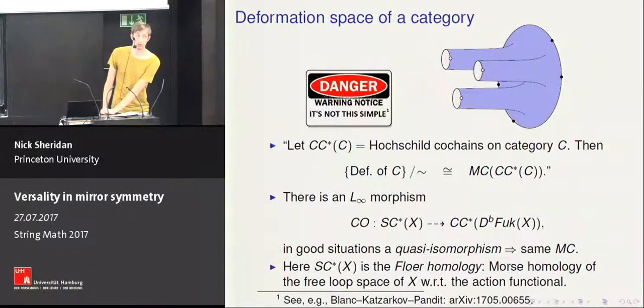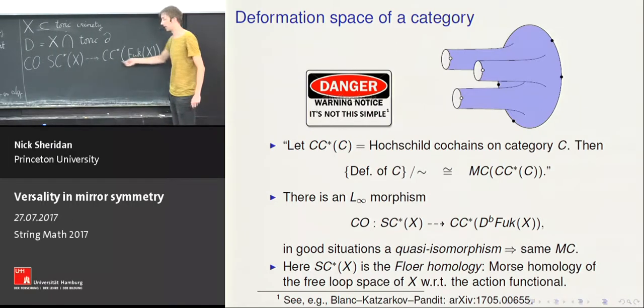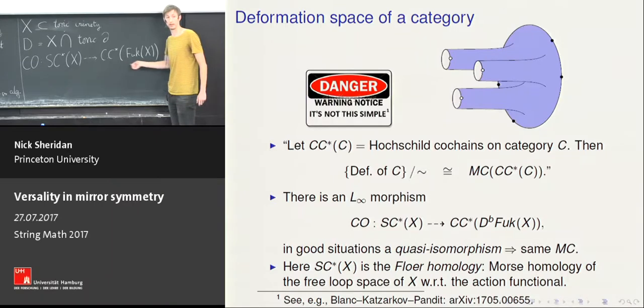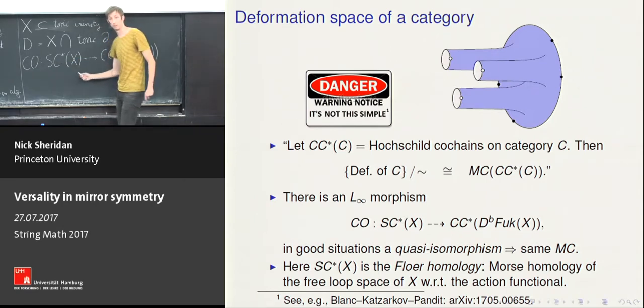And in good situations, this map is a quasi-isomorphism, so we can study the Maurer-Cartan space of this guy, which is what we're interested in. It gives us the space of deformations of our category. If this map's a quasi-isomorphism, then it's the same as the Maurer-Cartan space of this guy, which is something more tractable that we can study.